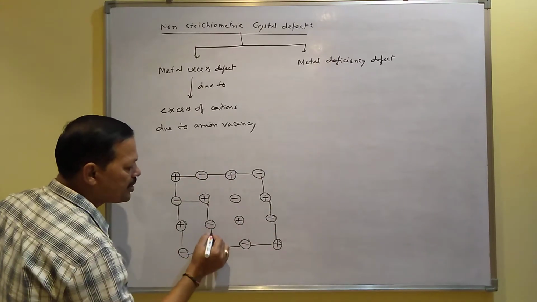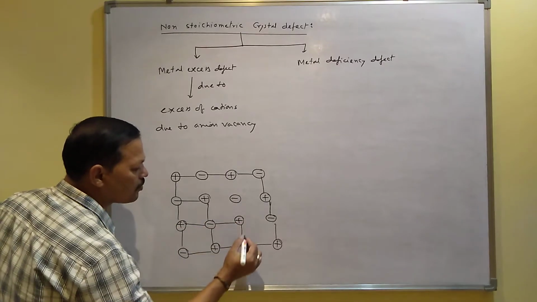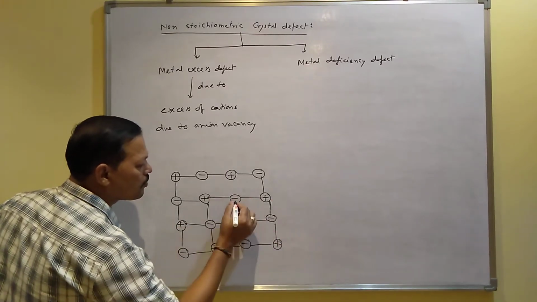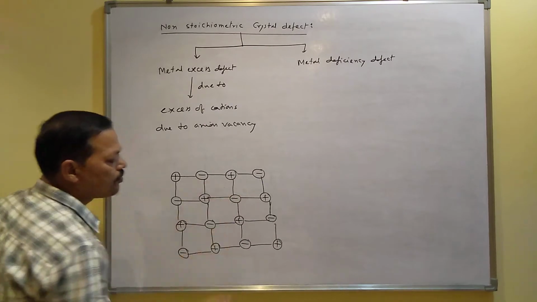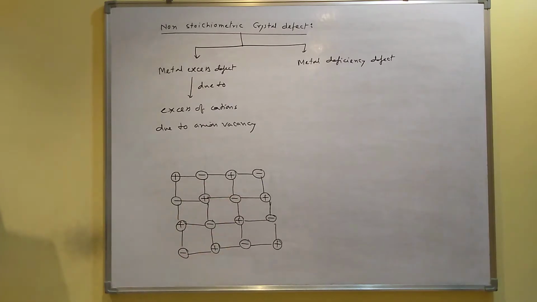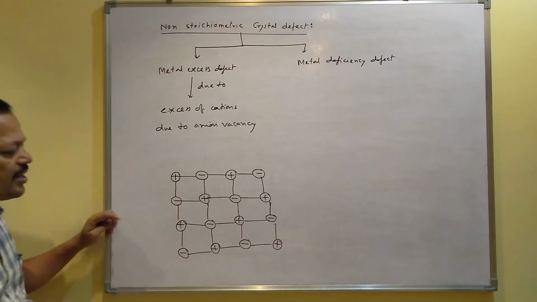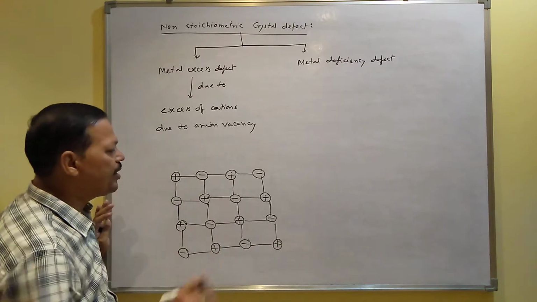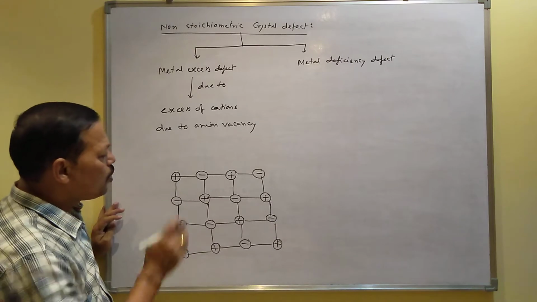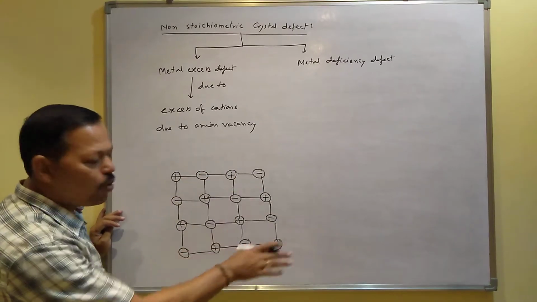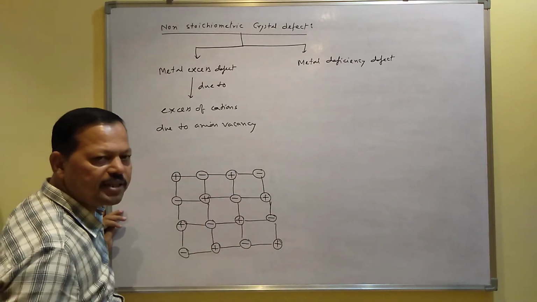Here the number of cations and anions is the same. Now it is a stoichiometric crystal, and here all the cations and anions are in their own position. That is why this type of crystal is called an ideal crystal.